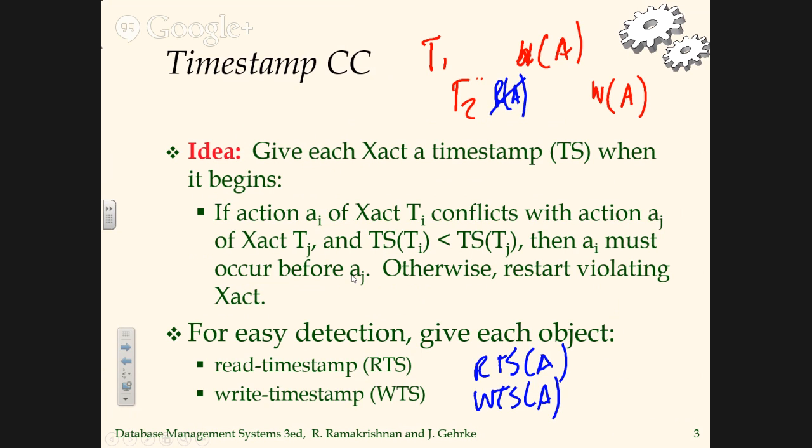So when transaction 1 reads an object A, the read timestamp of the object gets assigned the timestamp of transaction 1. If transaction 1 writes object A, then the write timestamp is given the timestamp of transaction 1. These are maintained as objects are being read and written.